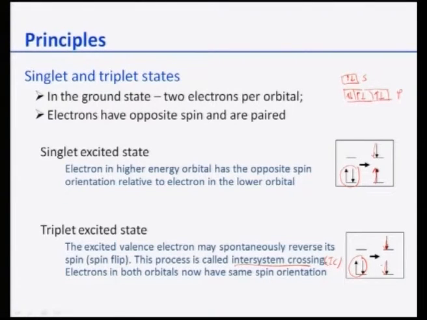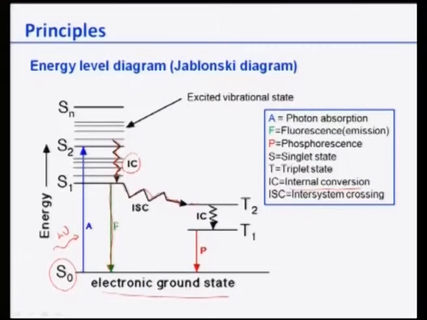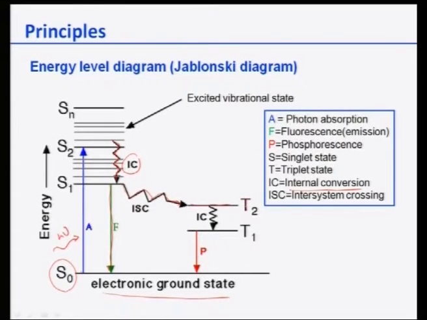The spin states can flip even when the electron comes to the excited states. So, if you have this intersystem crossing, then it goes to a state called T2. T2 is in between S0 and S1, a transition state, sorry, triplet states you can say. And then from T2 to T1 you can also have internal conversion, and when it comes back from T1 to S0, that is called phosphorescence.